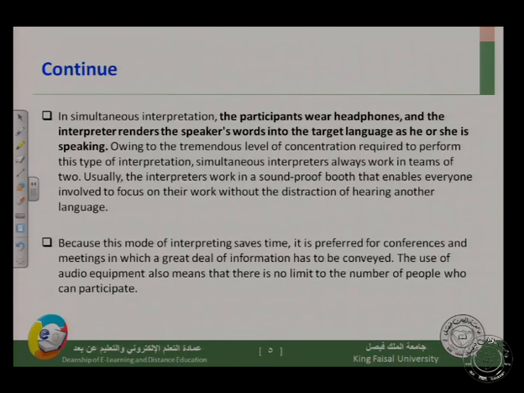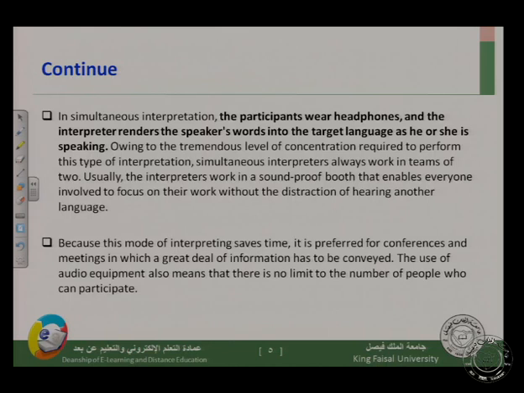Before we move to another type of interpreting, be aware that some organizations or conference organizers try to give the interpreter some guidelines.